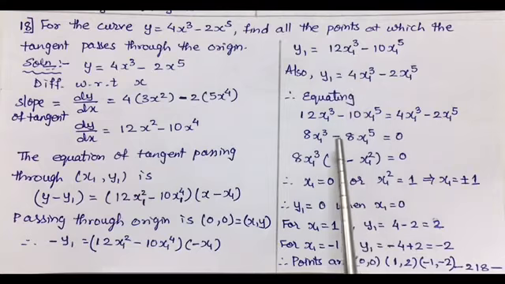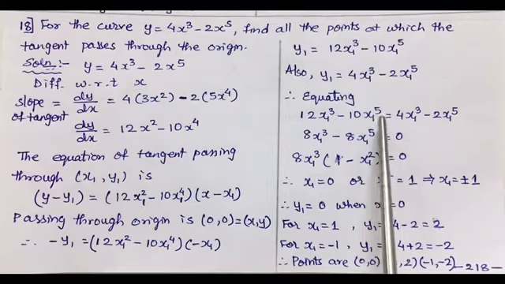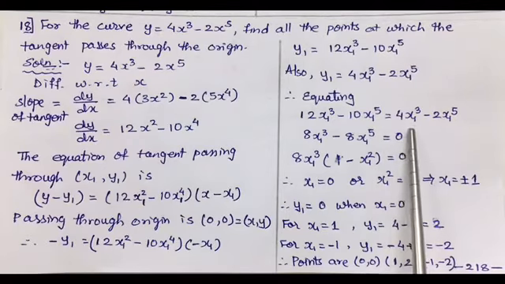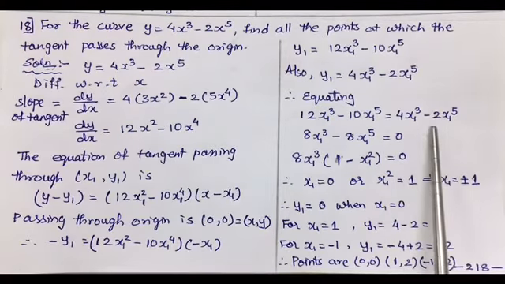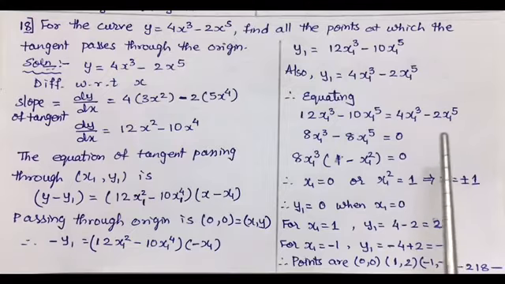Equating both, we get 12x1 cube minus 10x1 raised to 5 equal to 4x1 cube minus 2x1 raised to 5.